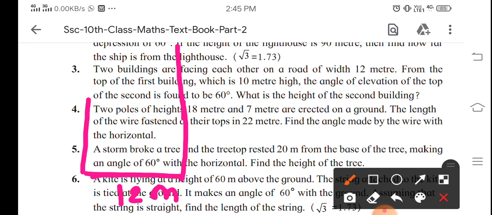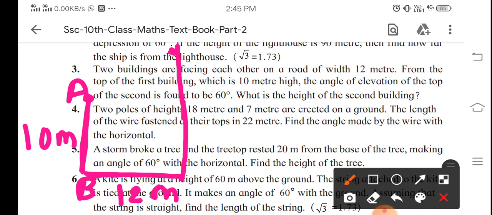So from the top of the first building, from its top to the top of the other building, an angle of elevation is made, right? The top of the first building is 10 meters high. Suppose this is A and this is B, and the height of this building is 10 meters.